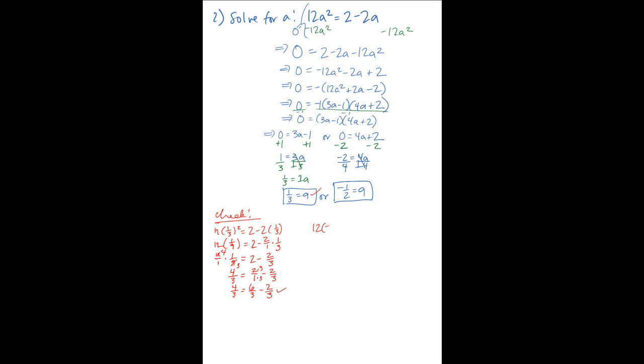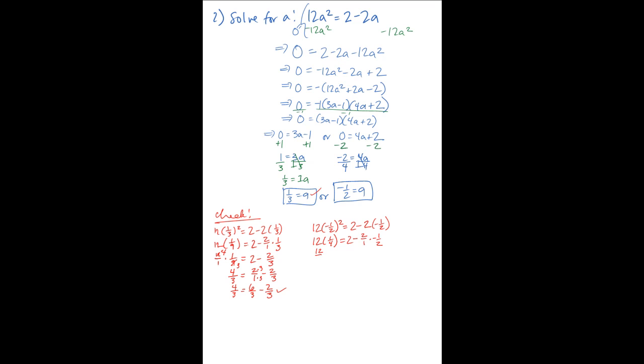12 times negative 1/2 squared equals 2 minus 2 times negative 1/2. Negative 1/2 squared is 1/4. 2 minus 2 over 1 times negative 1/2.